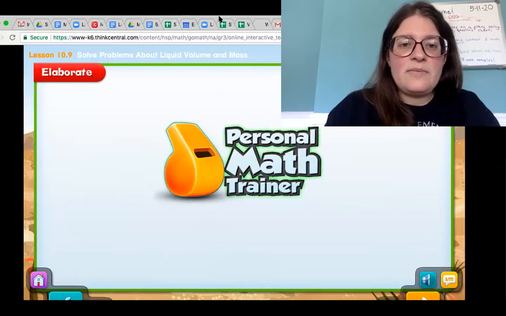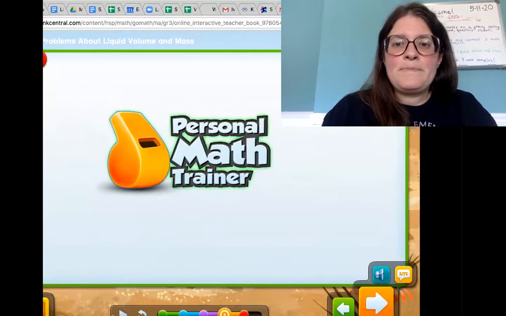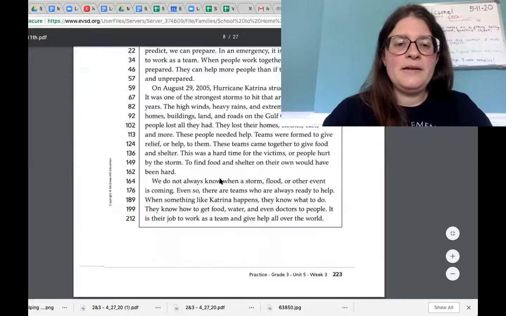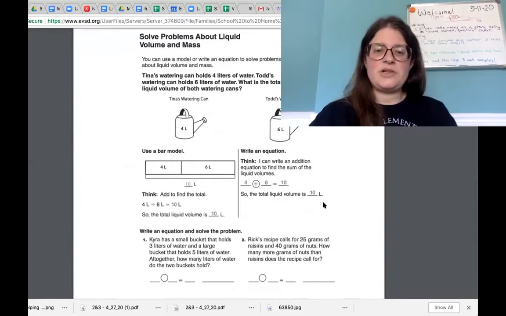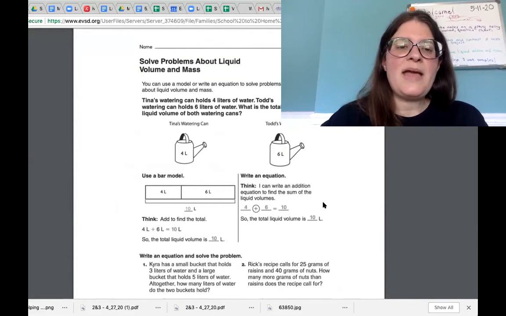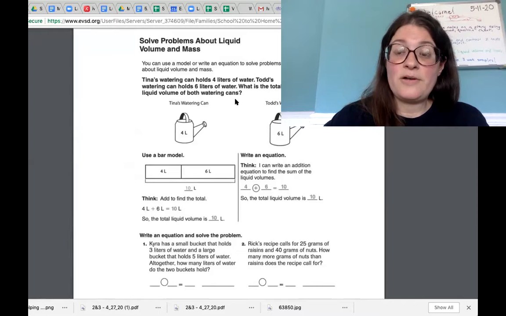So if I get into a different tab here, and I scroll down to where the math is, I see page 14, which is solving problems about liquid volume and mass. And so you'll see there another question that's going to ask you to find what is the total liquid volume of both watering cans.